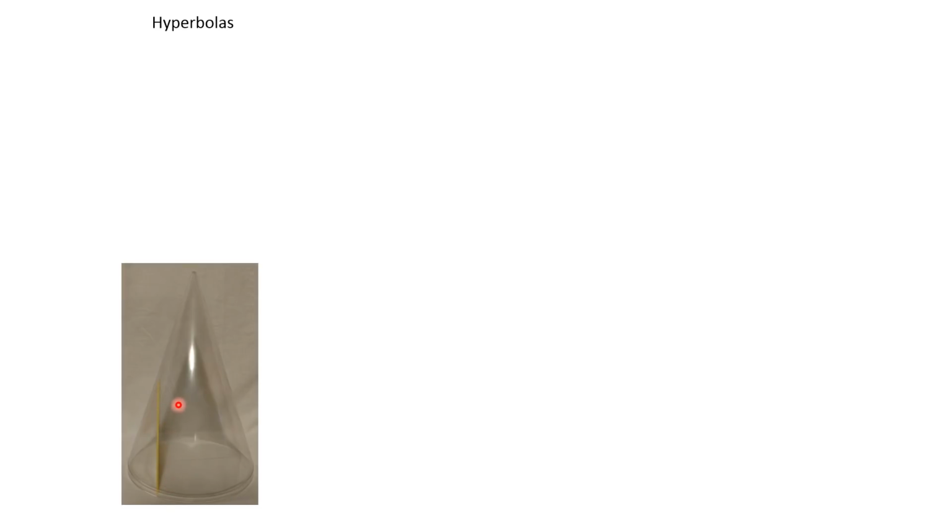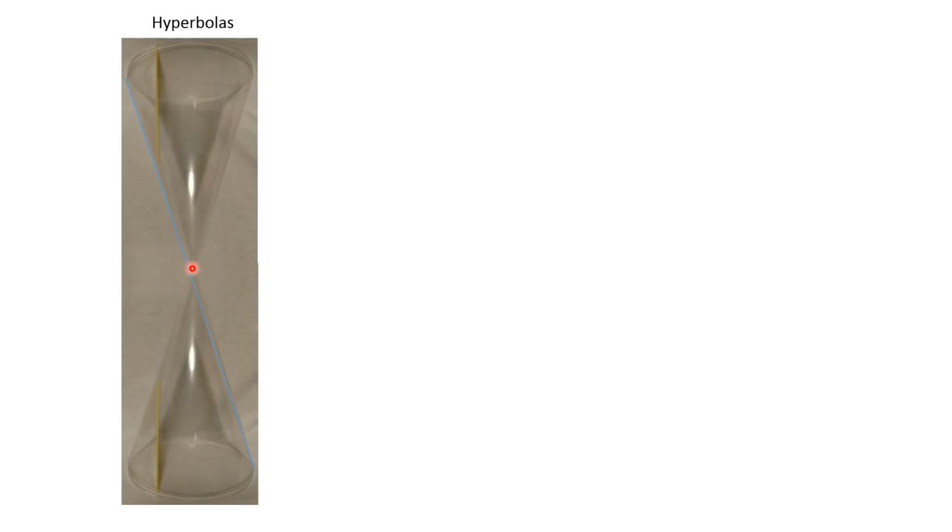This is actually only half of a cone. A cone is defined by taking a straight line. So if we have a straight line and we're going to rotate it, we're going to pivot it about a central axis or central point.